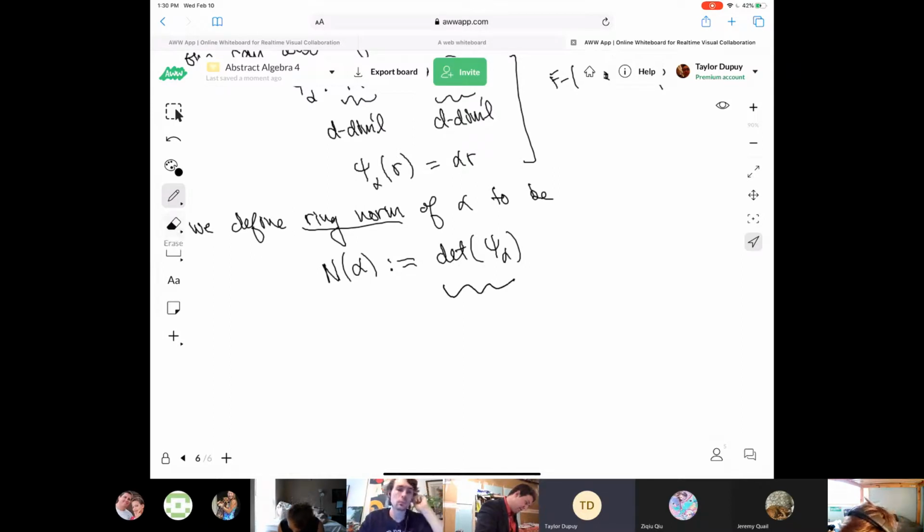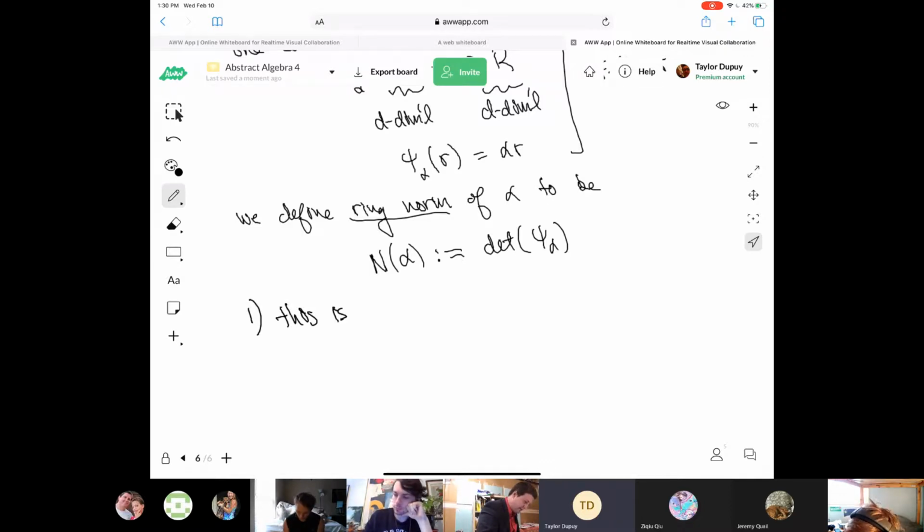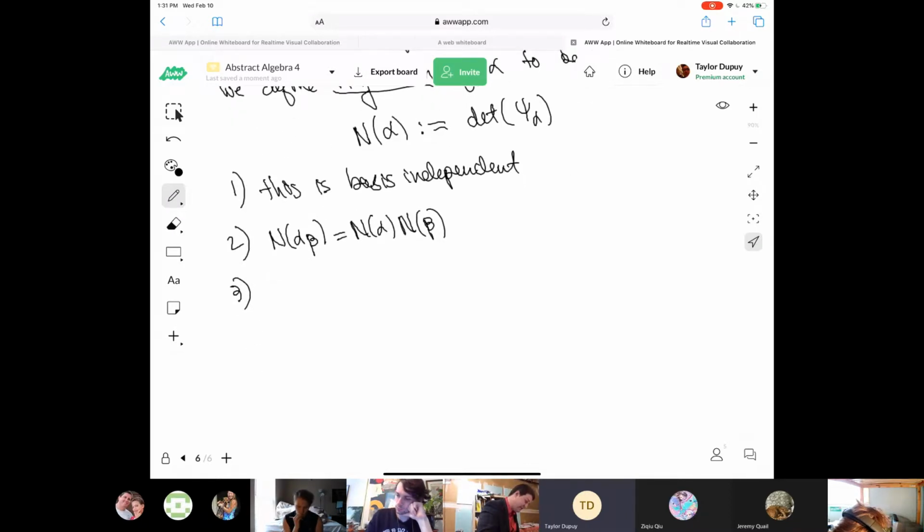Okay, so let me say some facts. One, this is basis independent. Two, N(alpha beta) is N(alpha) times N(beta). And the third thing, for integer rings, is kind of a harder thing to prove.